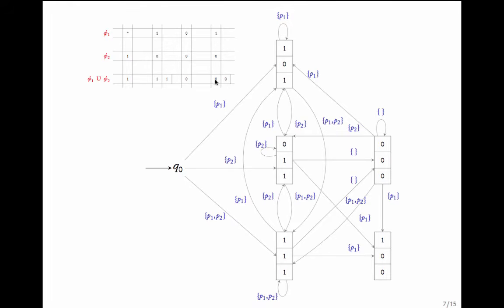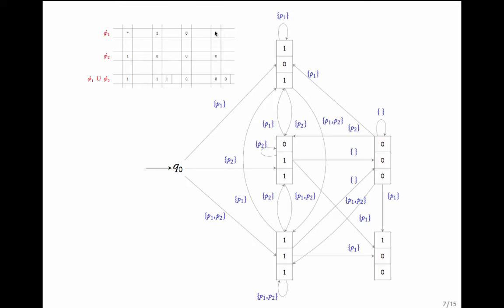This says that if P1 is true here, but if P1 until P2 is false here and P2 is false here, it cannot be the case that P1 until P2 becomes true here. See, if P2 is already false here, the only hope of satisfying P1 until P2 is to have some P1s here and then finally P2. Now, if this entry says that P1 until P2 is true, then this also has to be true.